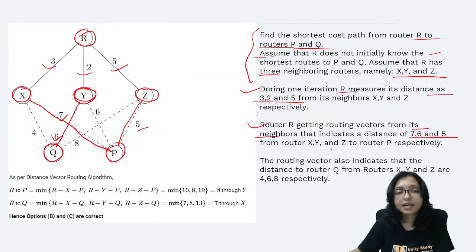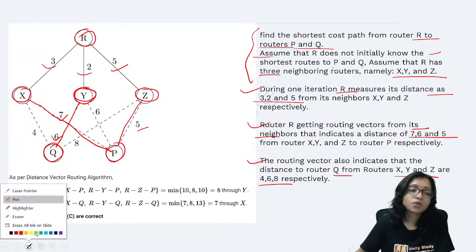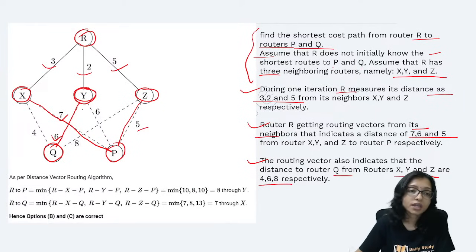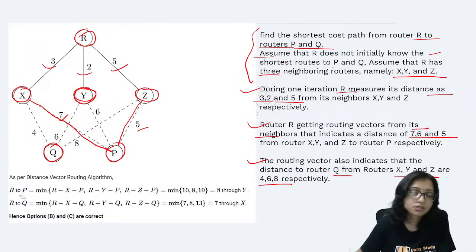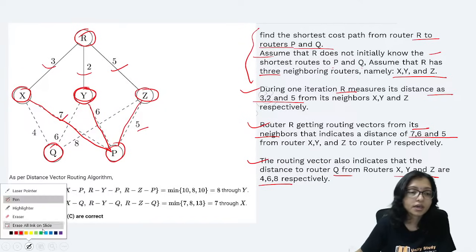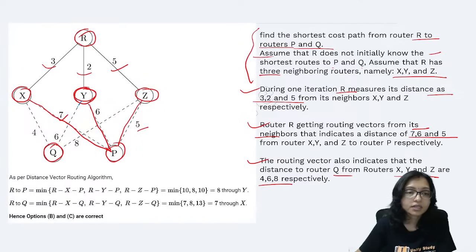And after that, you can see the routing vector from Q via X, Y, Z is 6, 4, 8. So this one is 6, and from here you are getting 6, 4 and 8.